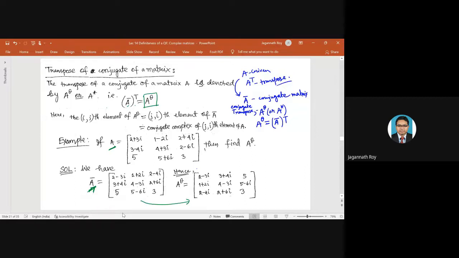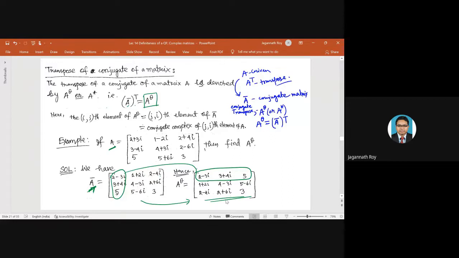So this column will be the first row of the matrix. Similarly, this column will be the second row, and the third column will be the third row.